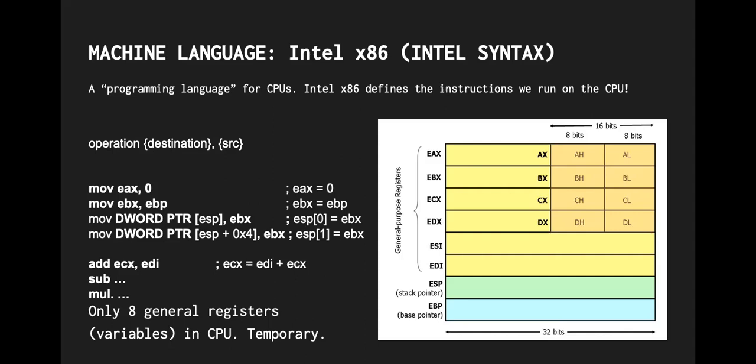So basically what that does is it moves whatever's in EBX into the address stored inside ESP. So again, the concept of addresses might be a little bit abstract to all of you, but just know that when computer programs are reading or writing to memory, there's an address associated with each area of memory.